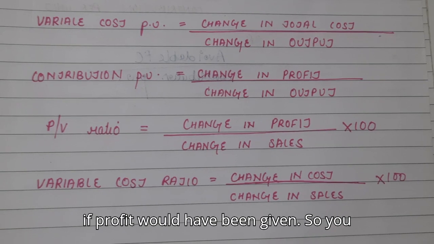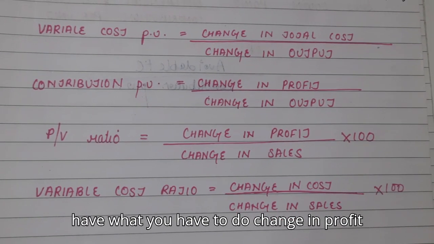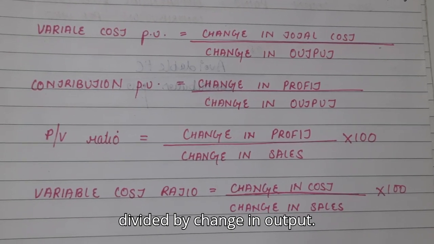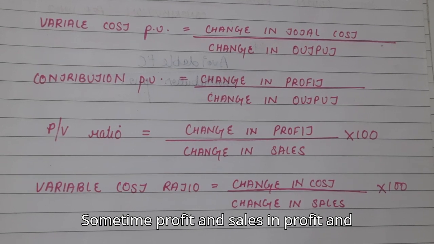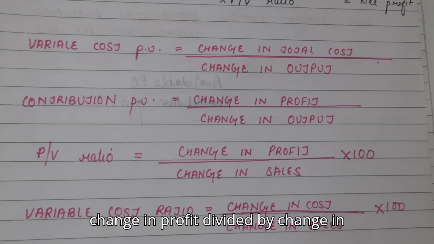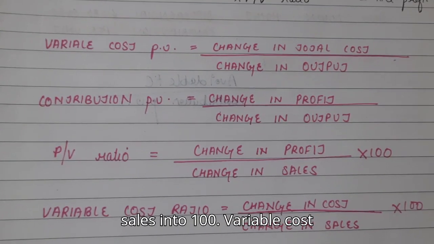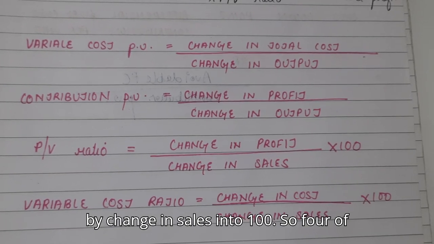Instead of output, if profit is given, you have to do change in profit divided by change in output. Sometimes profit and sales are given. So PV ratio is equal to change in profit divided by change in sales into 100. Variable cost ratio is equal to change in cost divided by change in sales into 100.